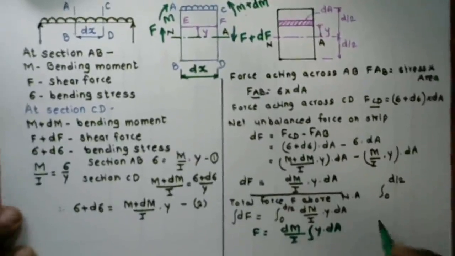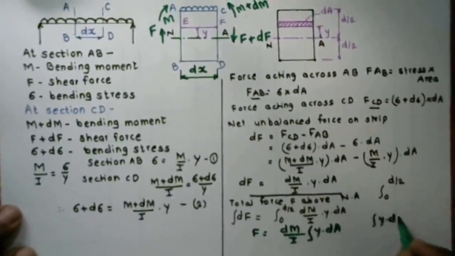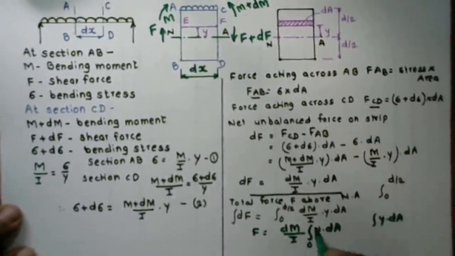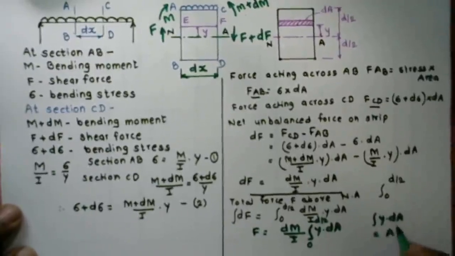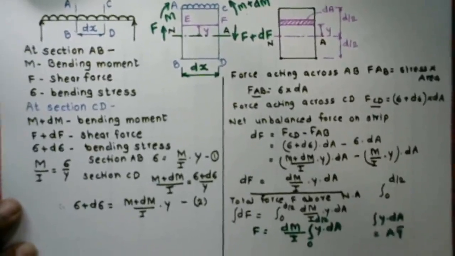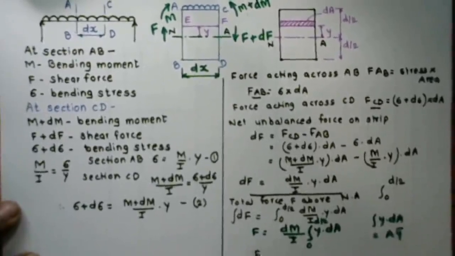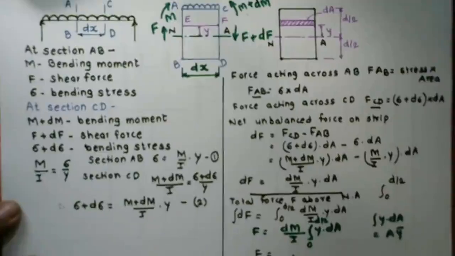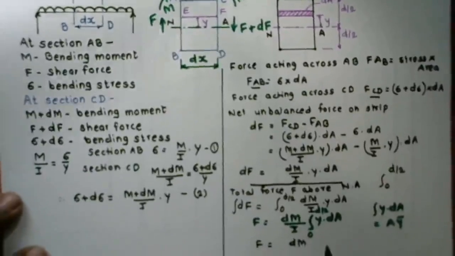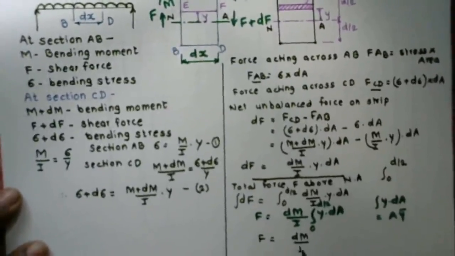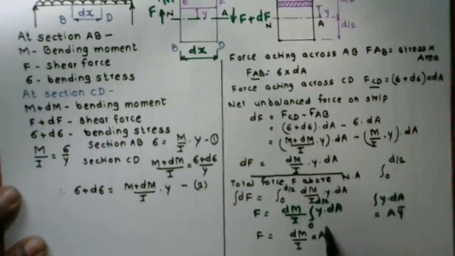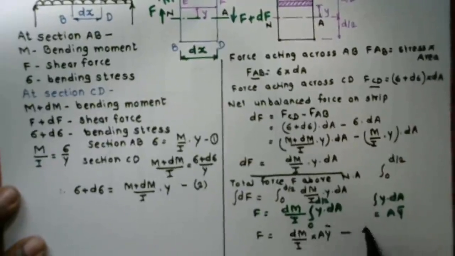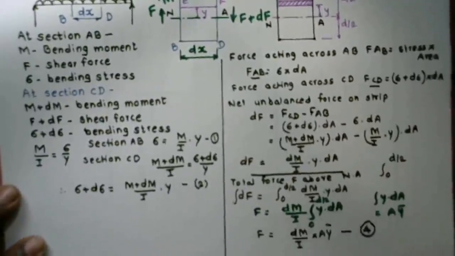Now the integral of y into dA from 0 to d by 2 is the first moment of area, equal to A y bar. So F is equal to dM upon I into A y bar, say equation number 4.